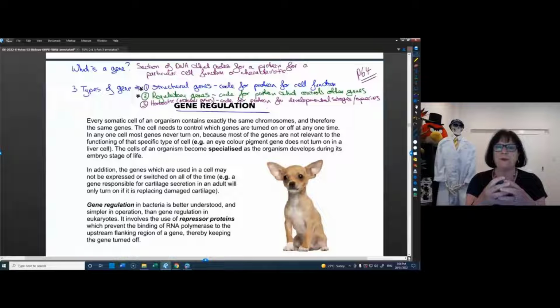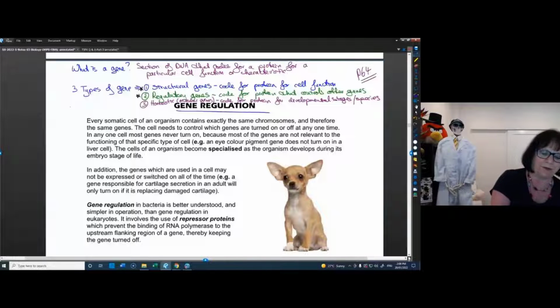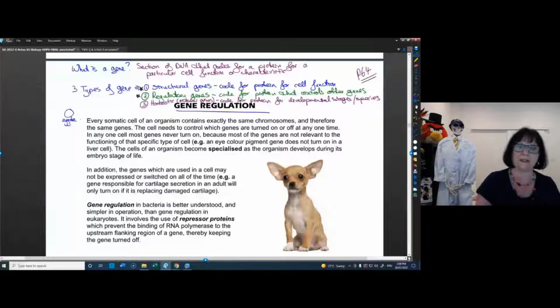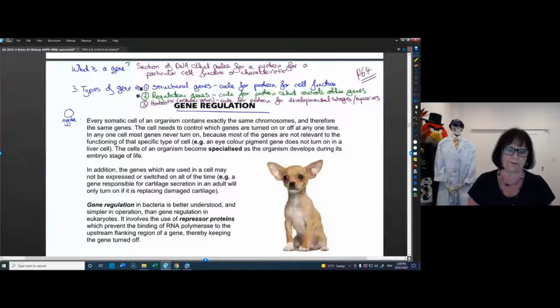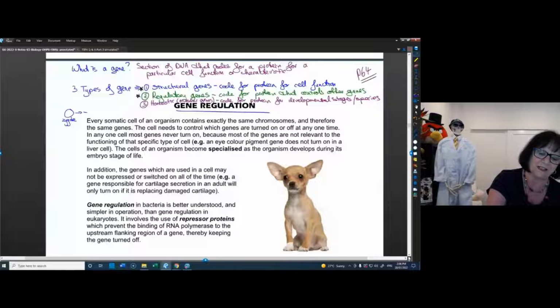But when the egg and sperm joined, they made that very first cell. We call it the zygote. That's the first cell of a living organism. That cell has the full set of its DNA, half from mum, half from dad, but it's got the full set in it.